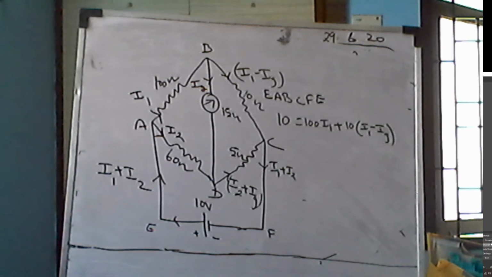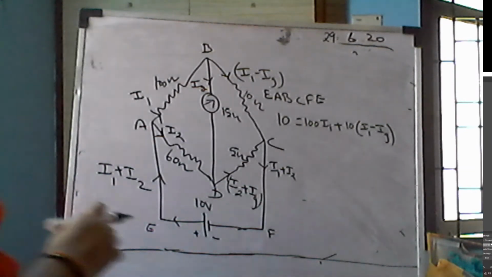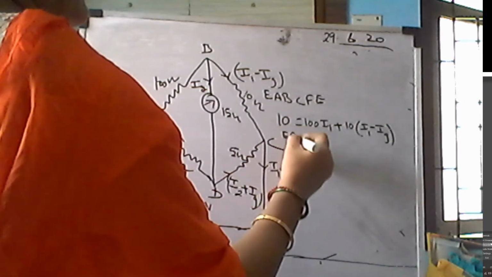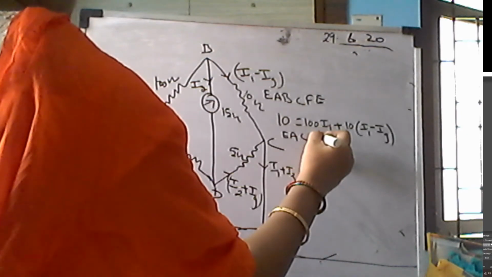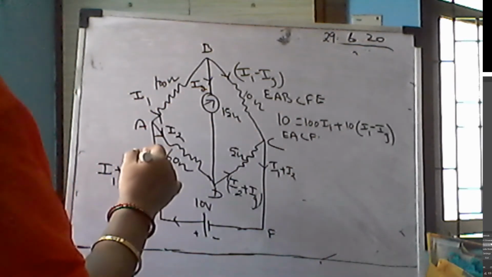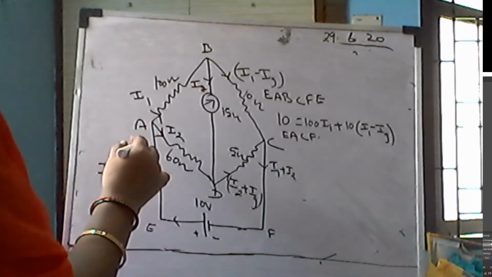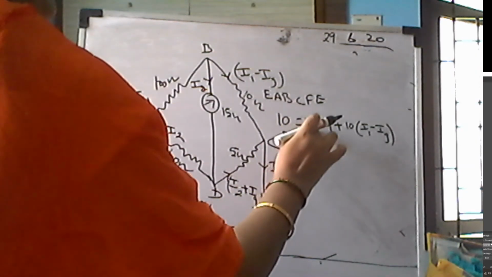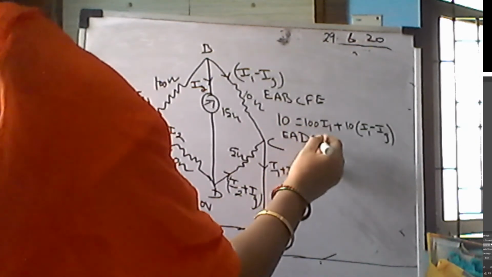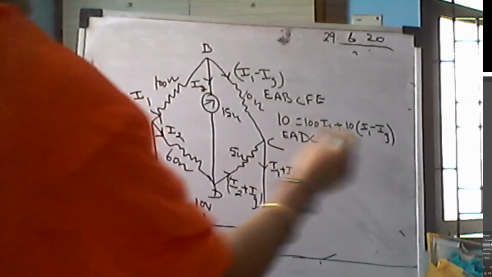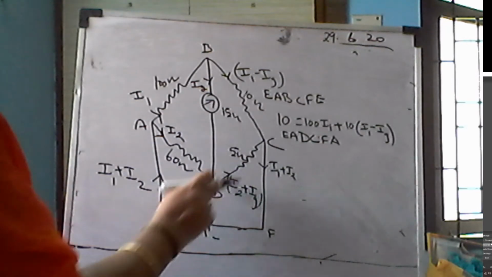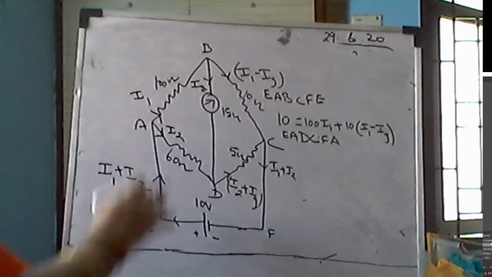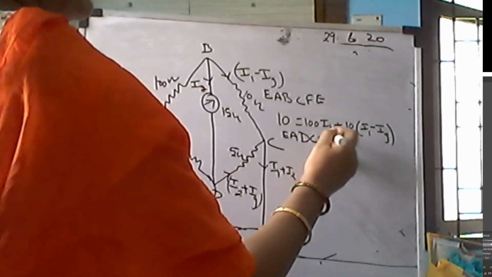Then the other equation you can consider E, A, D, C, F, E, A. That is another mesh.